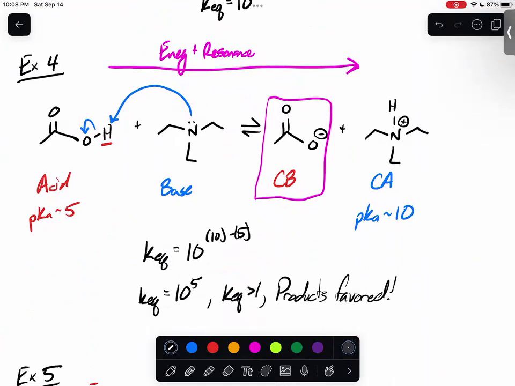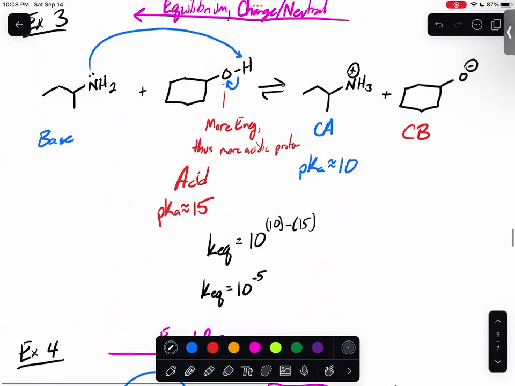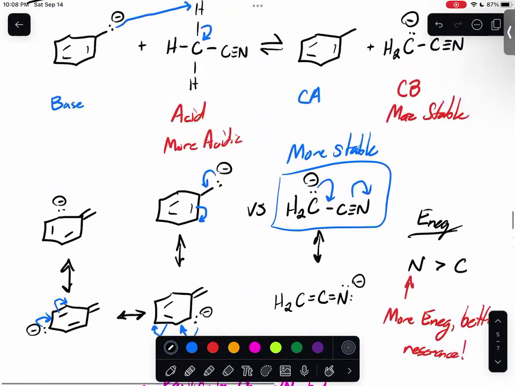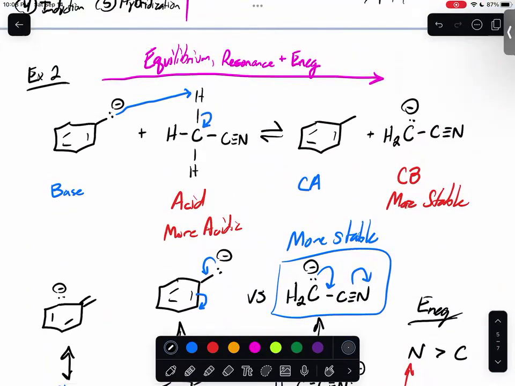But then there are other times that you don't know them, and you kind of have to go through and determine on your own which way the equilibrium is going to lie, right? You don't want to use pKa's as a crutch. You want to use them as an assistive tool in understanding acid-base chemistry.